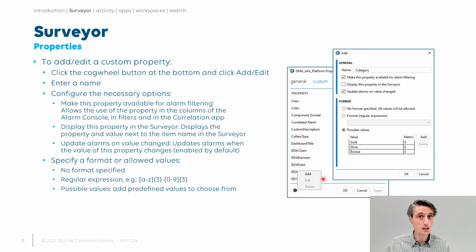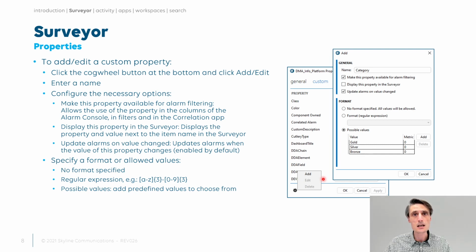That's quite convenient because you can also then have it in your alarm console and show immediately the category or the class of the element or the service that is associated with the alarm. So that is an interesting option. It gives you a lot of possibilities. But why do I say you need to handle it with a little bit of caution?